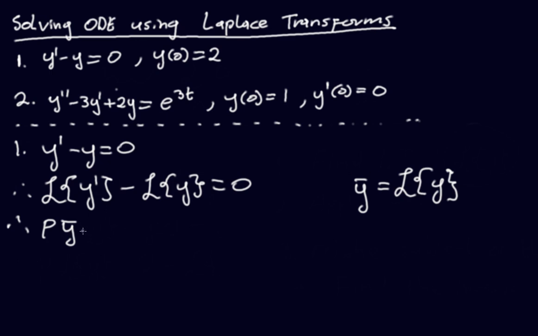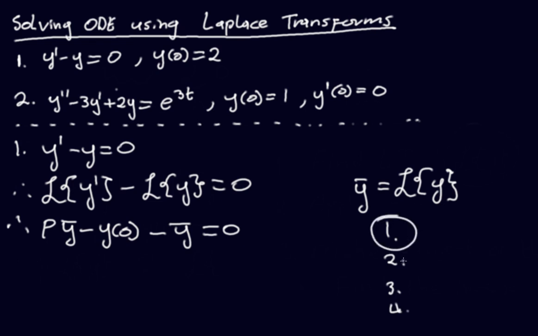Therefore it's p y bar minus y naught, minus the Laplace of y, again using y bar, equal to 0. This is the first of the 4 steps, where we are finding the Laplace transform of all the terms.